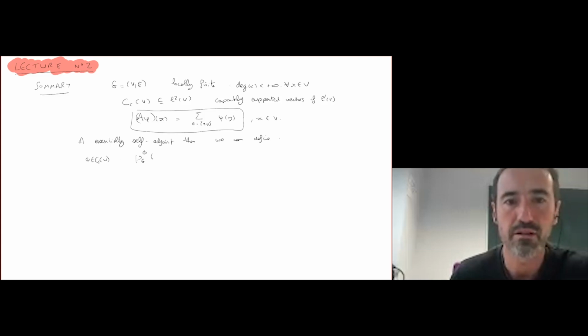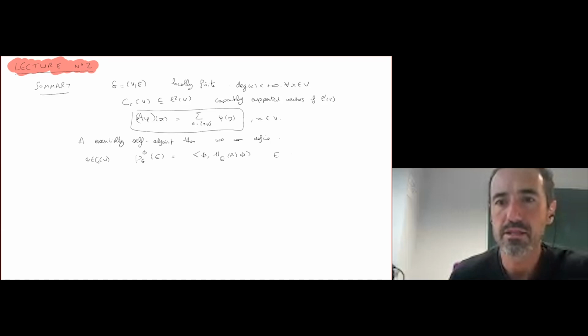You can define a measure which will be equal to the indicator of E of A of phi, for E a Borel set in R.